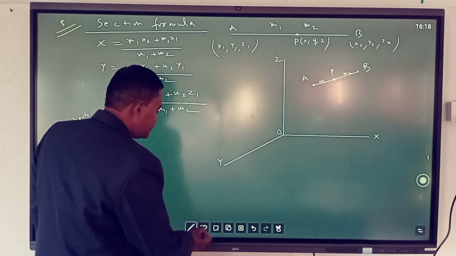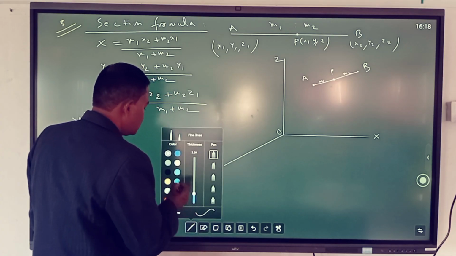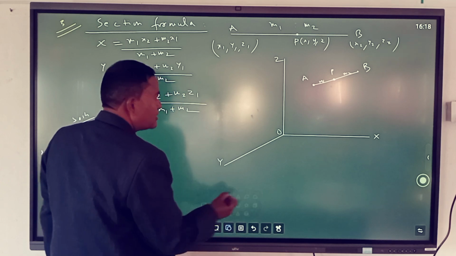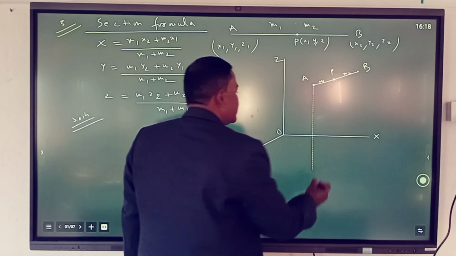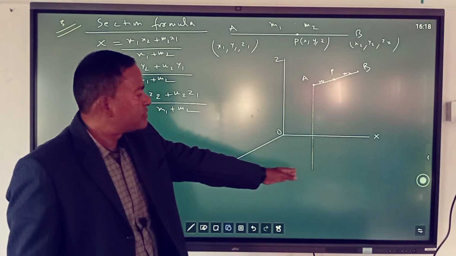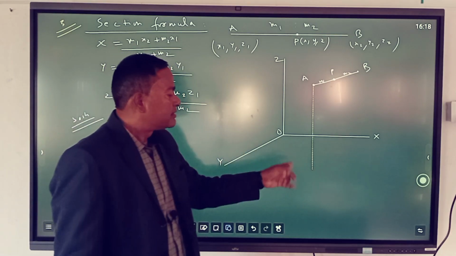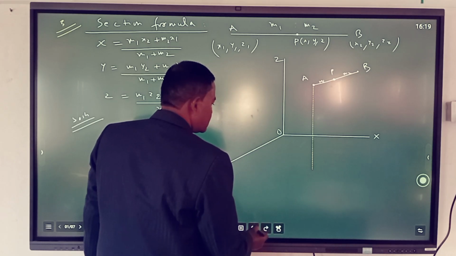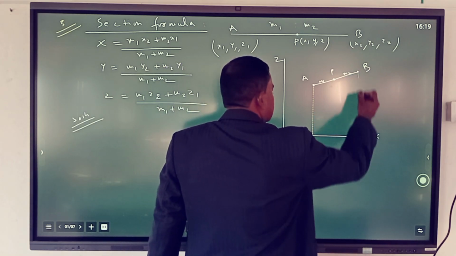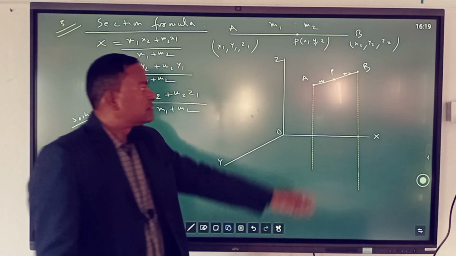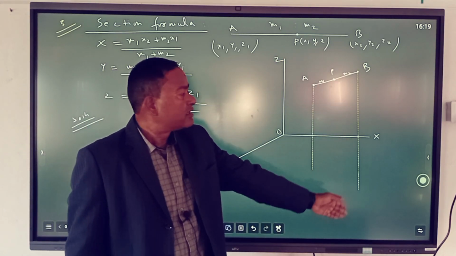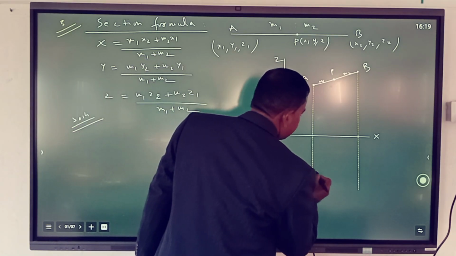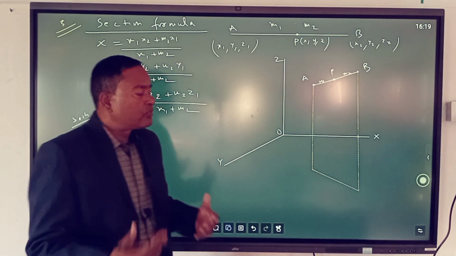Dear student, now from the point P we draw a line perpendicular to the xy plane, and again we draw another perpendicular line from the point B on the xy plane. We join both the points.